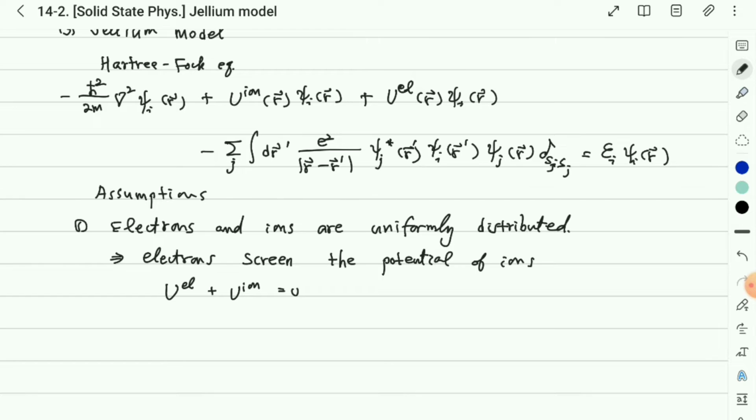Therefore, the sum of these two potentials is zero, and only the exchange term survives.